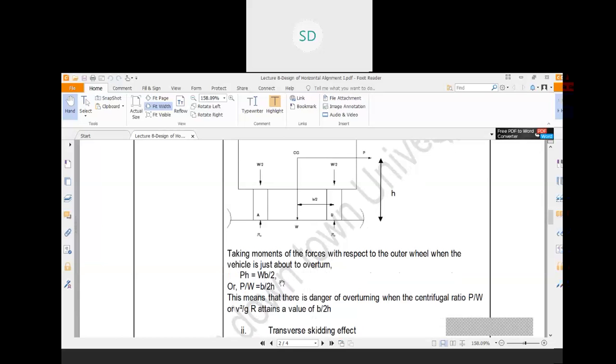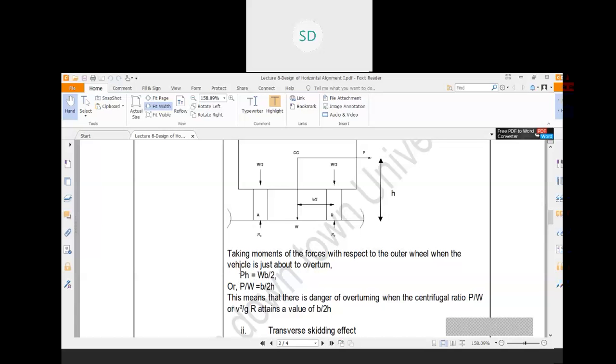Now this means that there is a danger of overturning when the centrifugal ratio, that is P by W or V square by GR, attains a value of B by 2H. So from that moment calculation, you got P into H equal to W into B by 2.